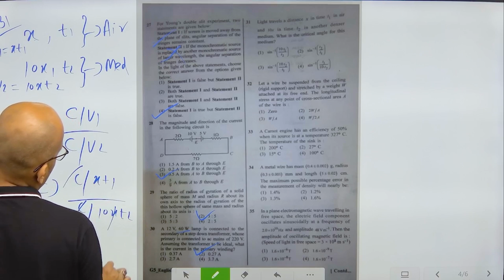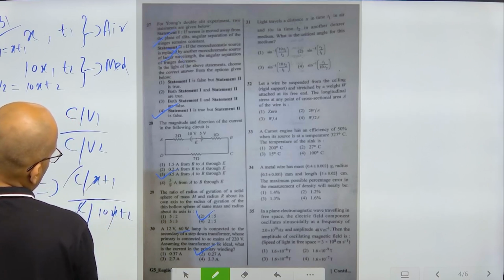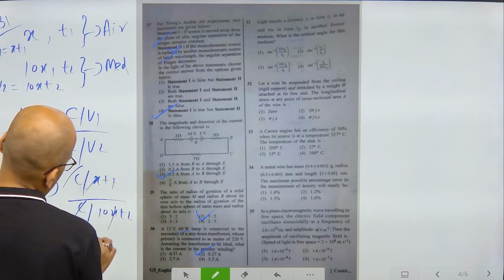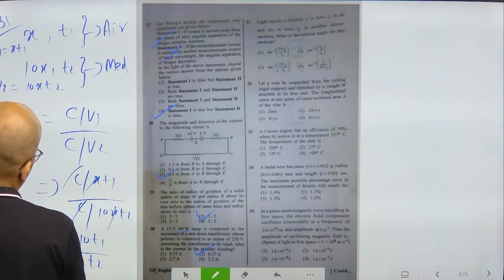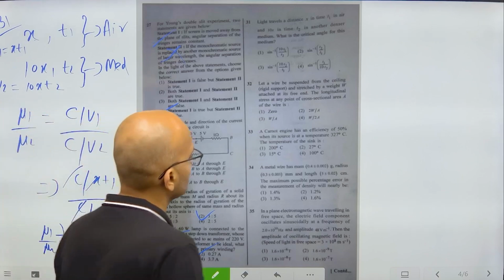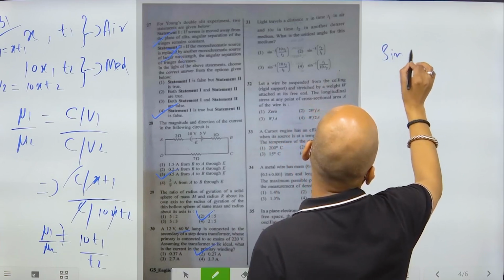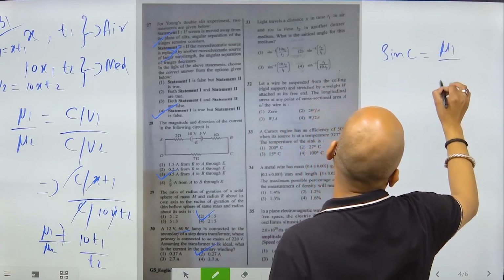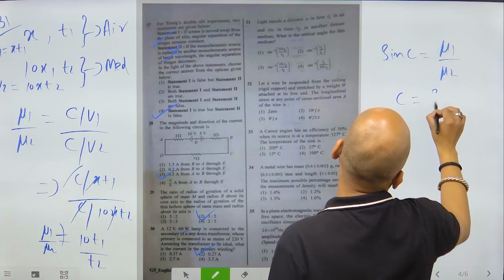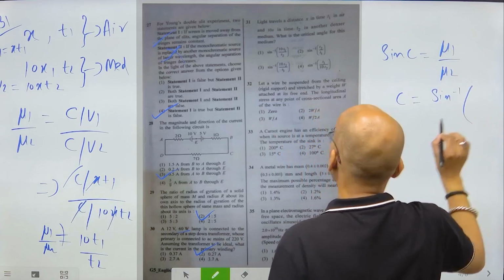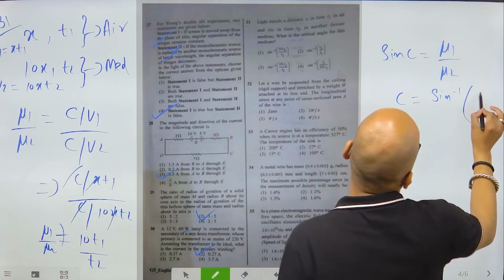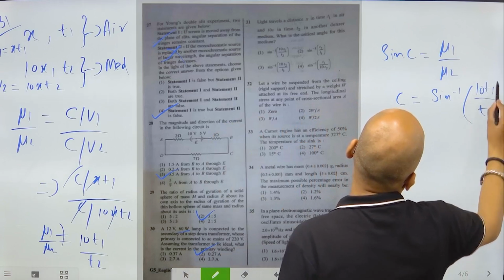C cancelled, x cancelled, 10 will go to the numerator, 10 T1 upon T2 is equal to mu1 upon mu2, yes or no? Hence sin C is equal to mu1 upon mu2, so C is equal to sin inverse of mu1 upon mu2, which is 10 T1 upon T2.